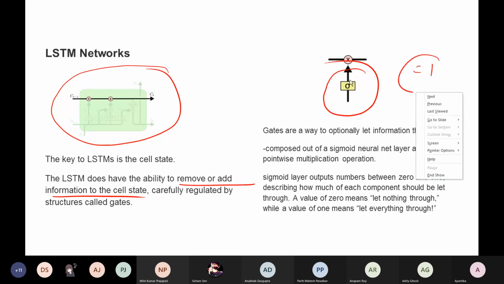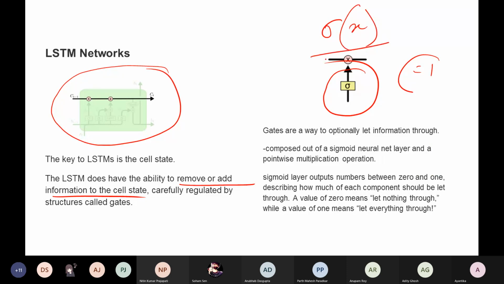If you pass some value through the sigmoid, it will pass either a value near 1 or a value near 0. The sigmoid outputs numbers between 0 and 1, and this output signifies how much of each component will go through.